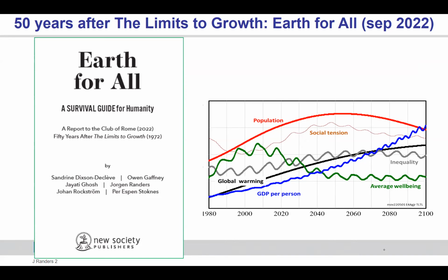The report is largely verbal. It's written in words and for the lay audience, but it is supported by the Earth4All system dynamics model.